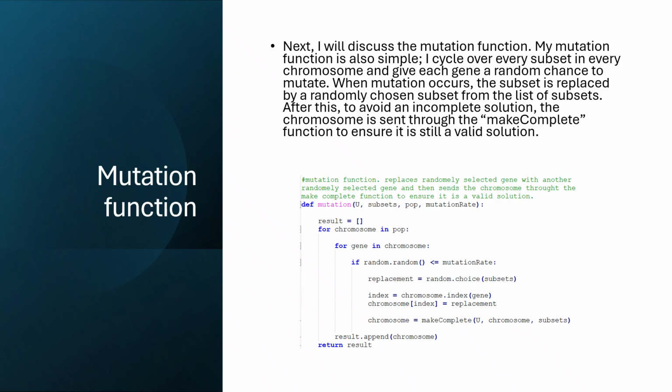When mutation occurs, the subset is replaced by a randomly chosen subset from the list of all subsets. After this, to avoid an incomplete solution, the chromosome is sent through the makeComplete function to ensure it is still a valid solution. If it is not, then more subsets will be tacked on to the end until it is a complete solution again.